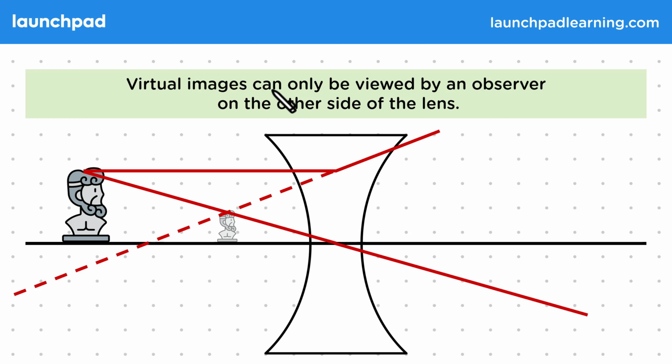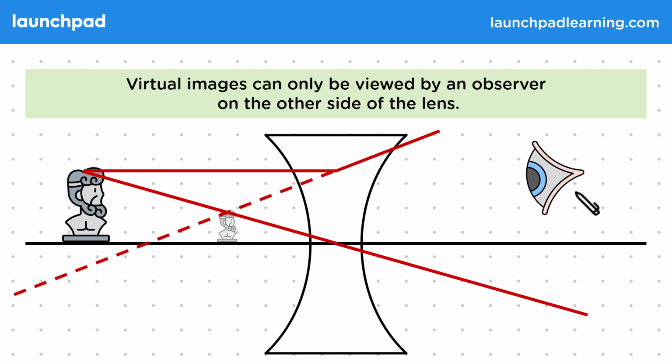Well, virtual images can only be viewed by an observer on the other side of the lens. This is often used in telescopes and magnifying glasses. So suppose we have someone looking through the lens from the other side. Our eyes work by telling our brains about various light rays and the directions they're travelling in.